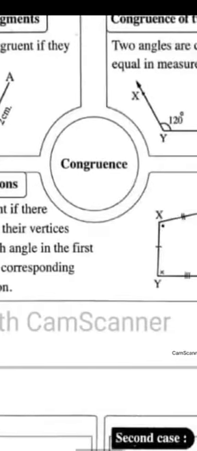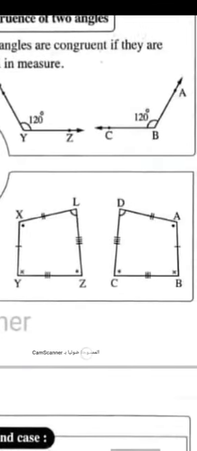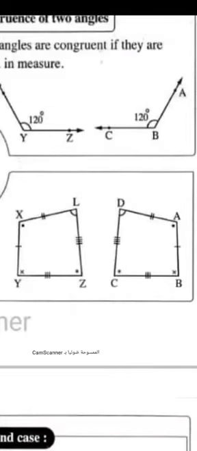Okay? For example, if we have two polygons A, B, C, D and X, Y, Z, L. In these two polygons, we find that all sides in the first are equal in length with all sides in the second polygon.